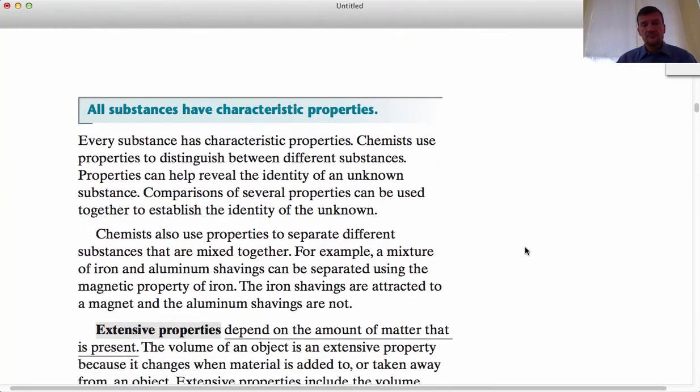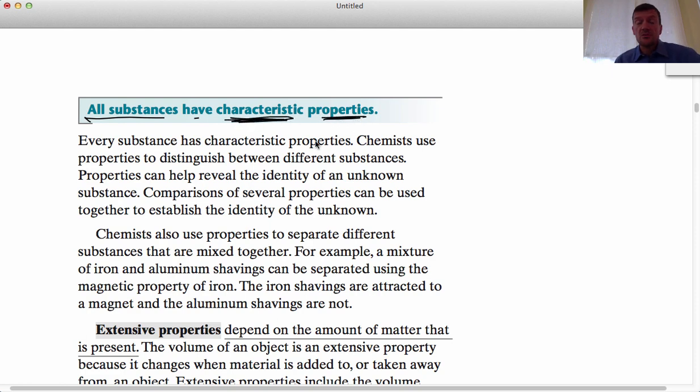All right. Now, as we move forward here, you're going to realize that we study matter because it has certain properties. And once we discover those properties, we're able to use that material because of the different properties that they have. All right? So all substances have characteristic properties.